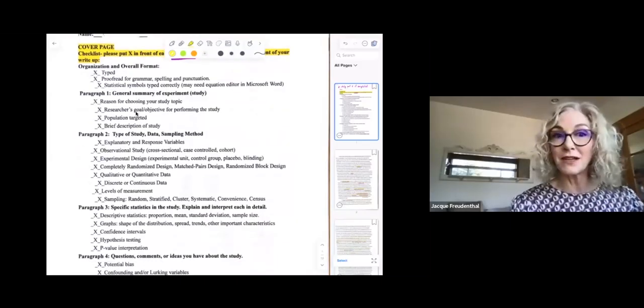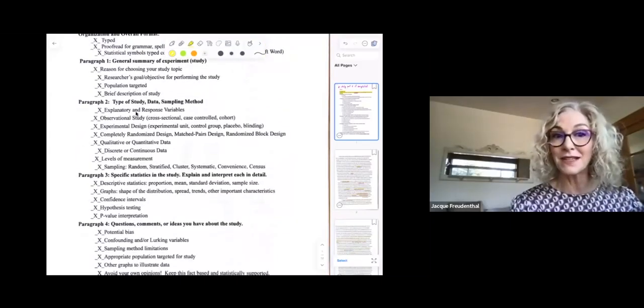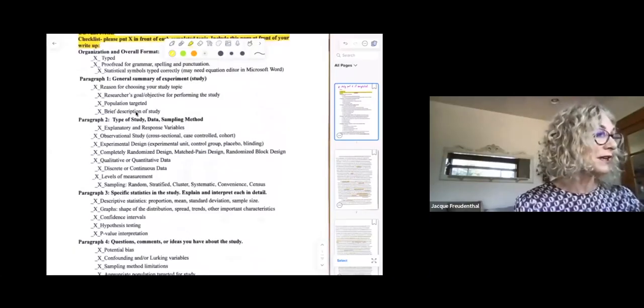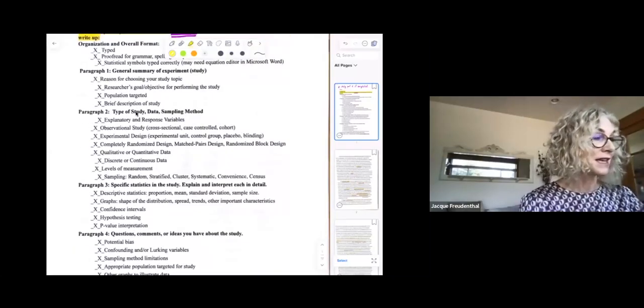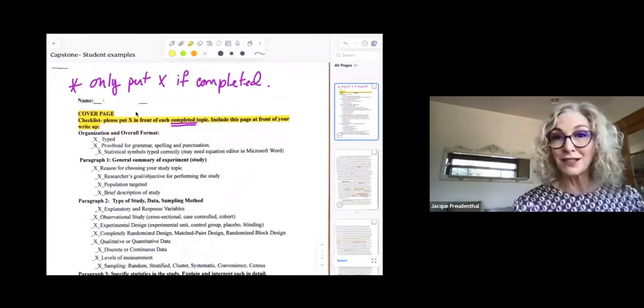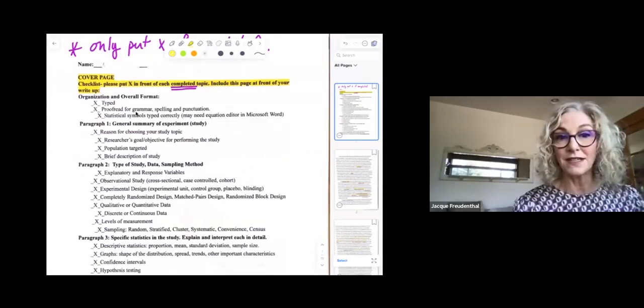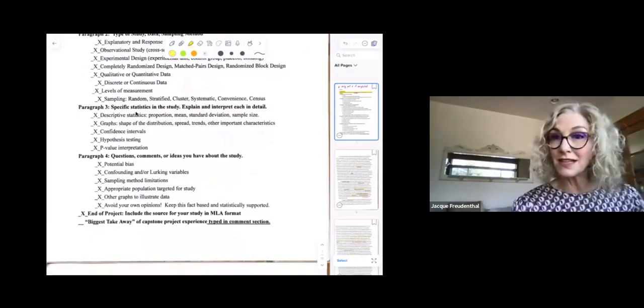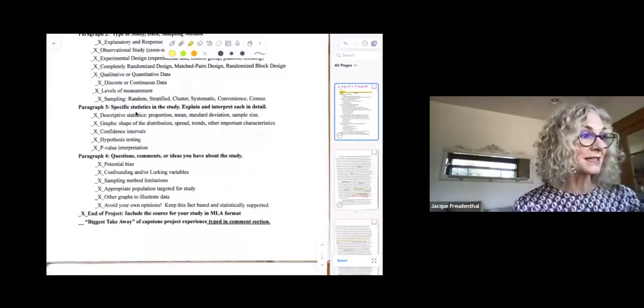This check mark is to make sure you hit most of these topics. You will probably not hit every single one, but you will hit most of the topics. So this example is not correct because this student did not hit every single one of these topics. That's what I mean by a completed topic.